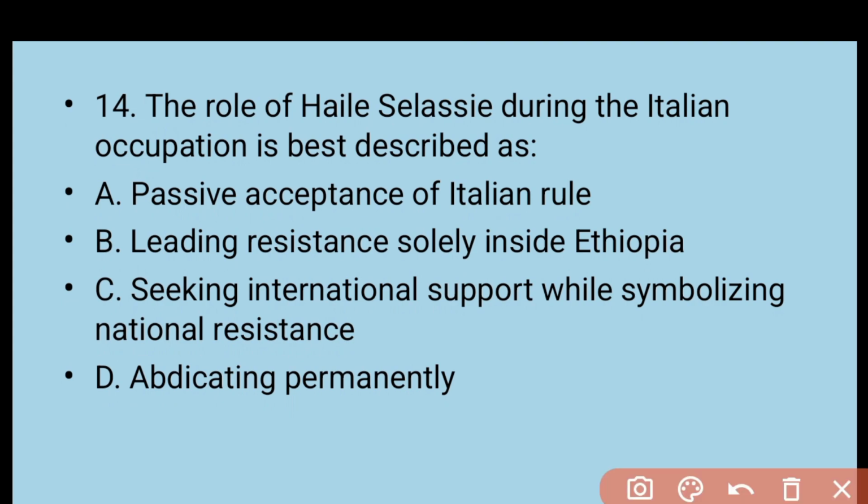The right answer is C. Seeking international support while symbolizing what? National resistance. So he fled and stayed in London, in Britain. Then after that, he appealed to the League of Nations and got support from the British government and the Allied front of World War II during the period.